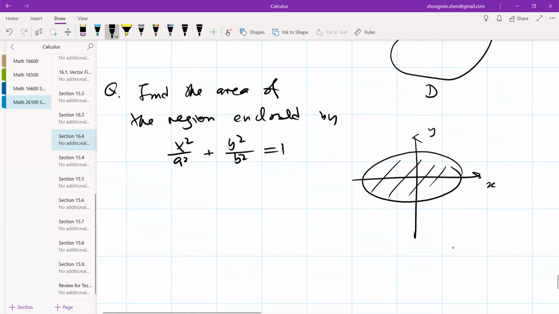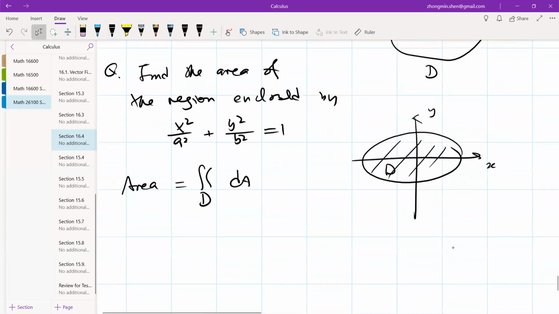All right, so what is the way to do it? The area is going to be the double integral dA. And how do you evaluate this double integral? It's pretty complicated, right?